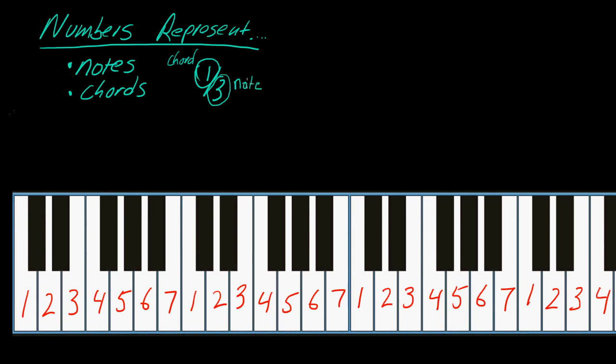You see? So you'd play a 1 chord, which is 1, 3, and 5, and you would play on the bass the 3rd note. Okay? So that's when you would start needing to know what this means.